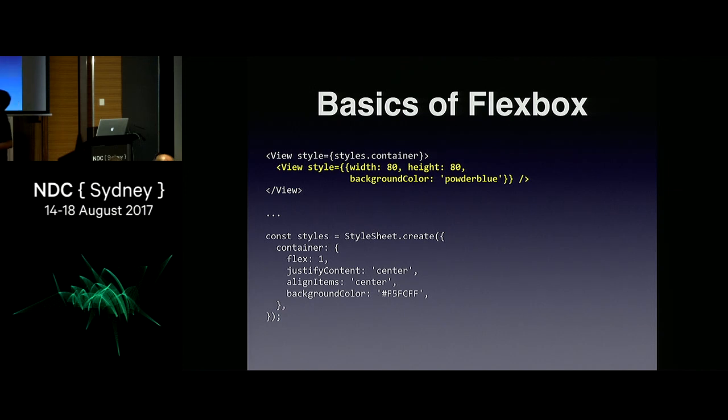My first view, my container view, has this container style: justify content center, align items center, and a background color. Then within my container view, I have another view, width 80, height 80, and the background color is blue.